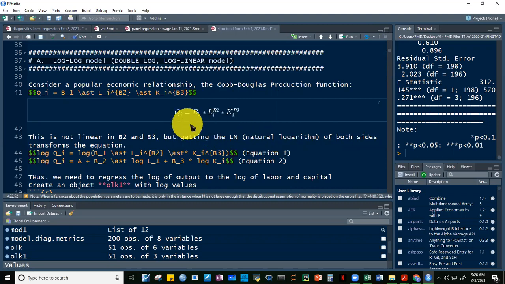Now, if we're going to take a look at the parameters, itong B2 and B3, naka-exponentiated sila. So, hindi siya linear, no? So, hindi natin pa pwedeng gamitin tong model na to for linear regression kasi hindi naka-linear yung parameters natin. So, hindi lang dapat, guys, ang relationship ng dependent at saka independent variables ang linear, pati dapat yung parameters.